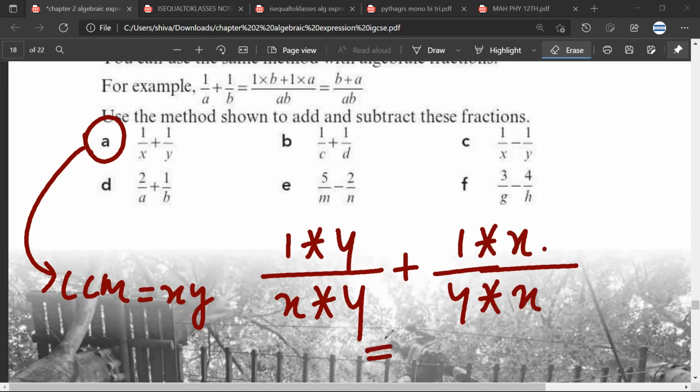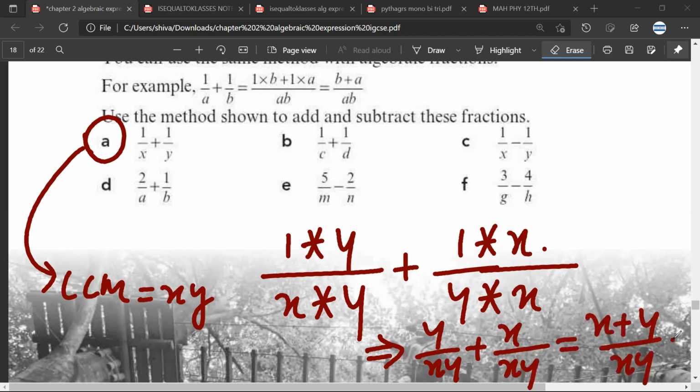So it would become y upon xy plus x upon xy. Mr. Sarthak, have we understood? Yes, sir. Mr. Arvind, have we understood? Yes, sir.